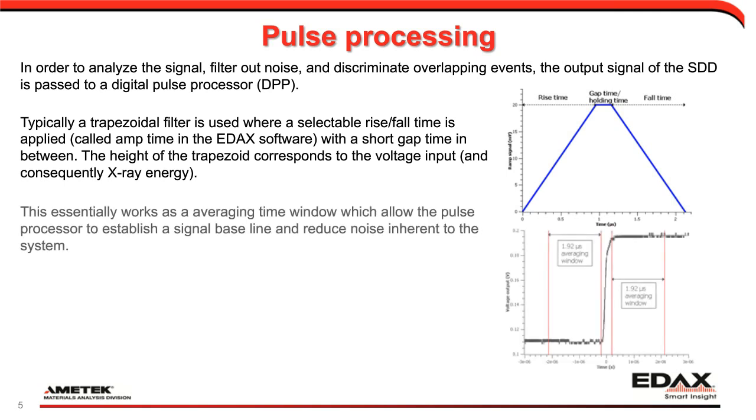When we change the amp time, which can be done in the software, what we're really changing is an averaging time window where we allow the pulse processor to integrate and establish a baseline to reduce the noise inherent to the system. So if we have the 1.92 microsecond amp time, essentially we have two averaging time windows that we sweep along the curve to generate the trapezoidal pulse, and we integrate within that window to average out all the noise.